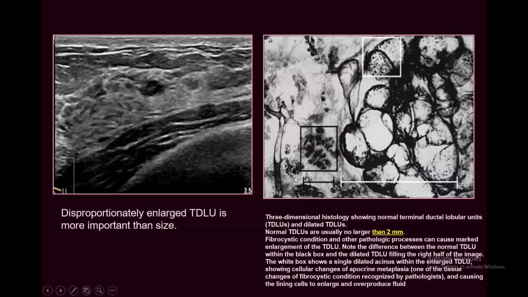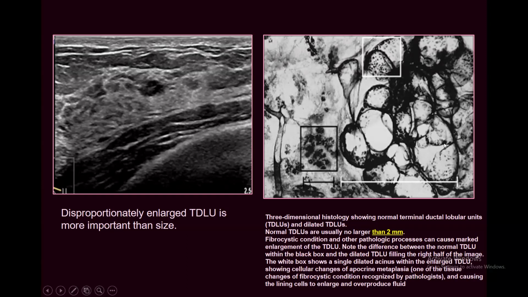Okay, if you look here, these are terminal duct lobular units. What about this terminal duct lobular unit? It looks disproportionately larger and a little bit deeply hypoechoic, and even this portion here looks like anechoic or cystic. So it starts to get enlarged, with cystic changes in a terminal duct lobular unit.